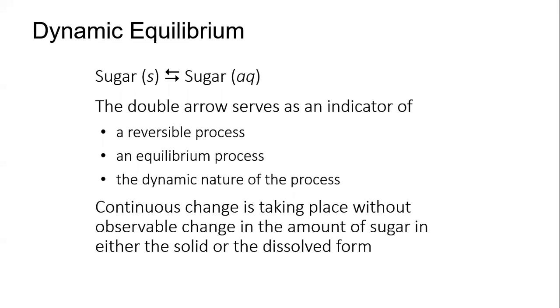Again, with dynamic equilibrium, we have the double arrows, which tells us this is a reversible process, and that at equilibrium, both sides, the reactants and the products, are present. It's not just the reactants or the products. Both are present, but depending on the equilibrium constant, they'll be in different ratios.